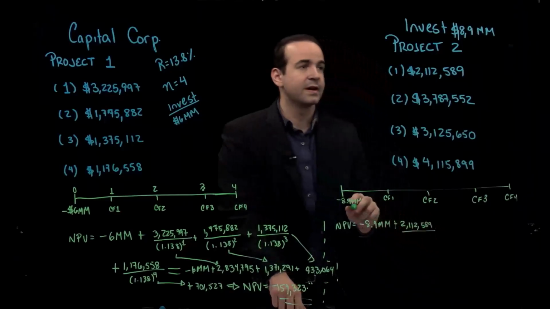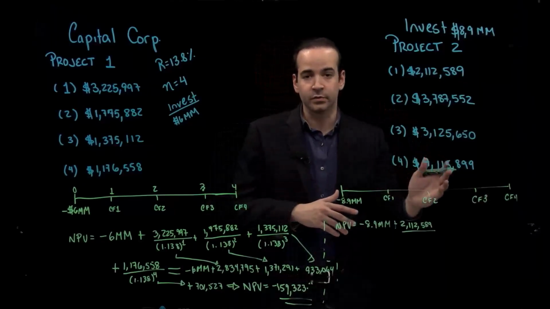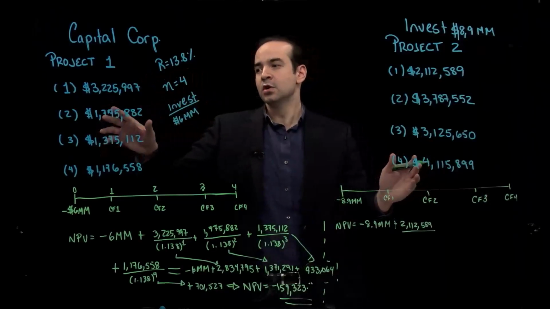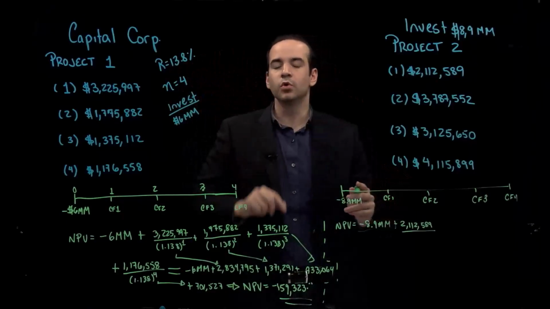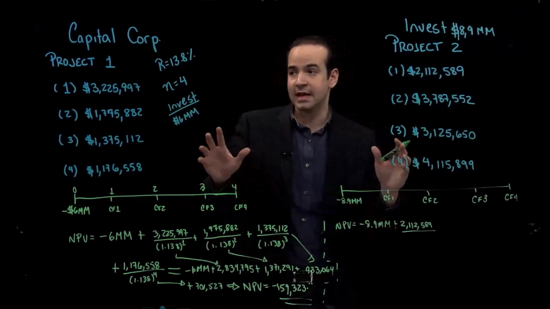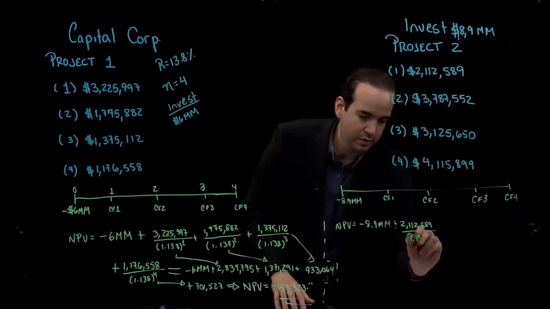So we're going to divide this. Now, what is the discount rate? It could be the case that we had a different discount rate for project 2 than for project 1, but we will use the exact same discount rate in both projects. Now, this is not always the case, but we're going to assume it. So it's just 1.138.